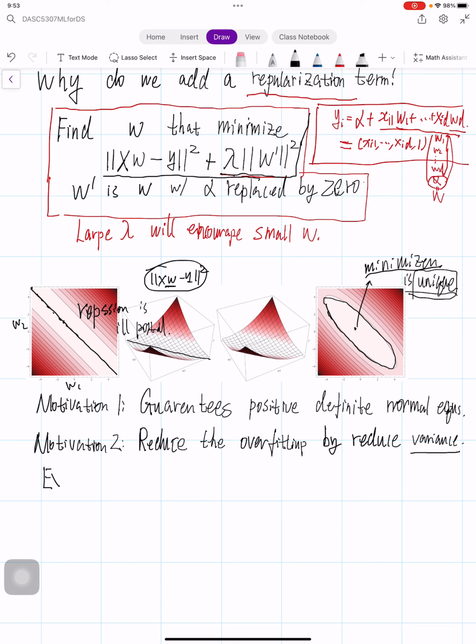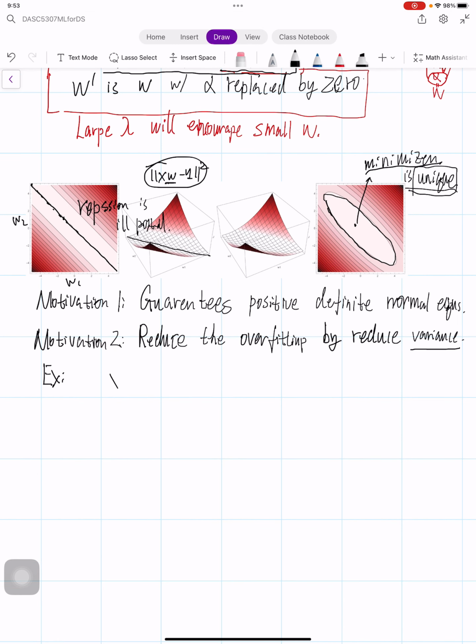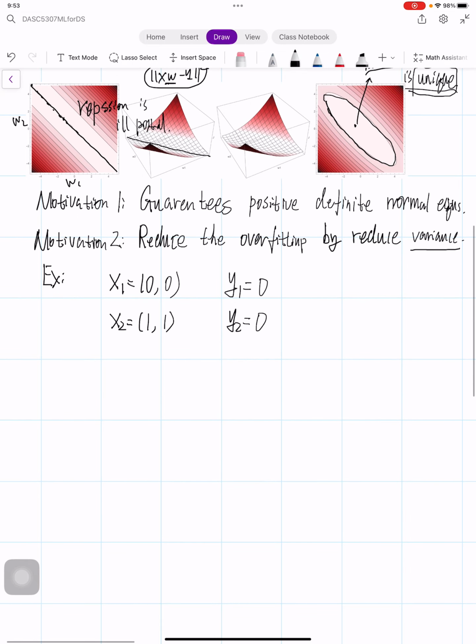So here is one example. Suppose we have the data x1, which is just the origin point. This is a toy example, and the corresponding label y1 equals 0. Okay, x2 equals (1, 1), and y2 is also 0, and x3 equals (0.51, 0.49), and the label y3 is 1.